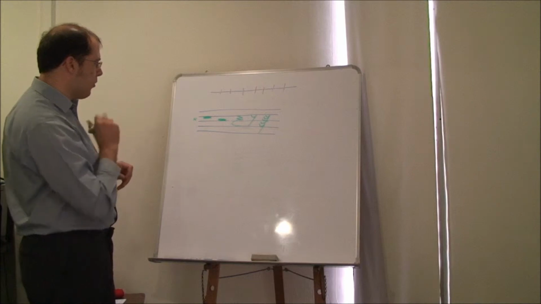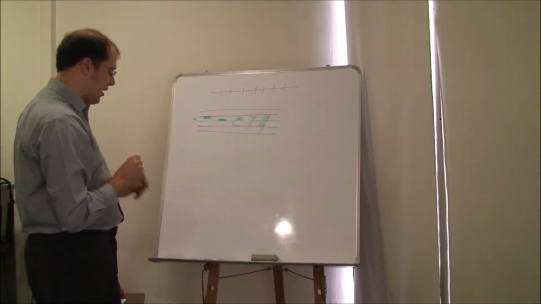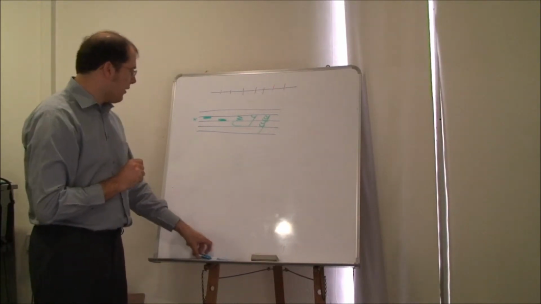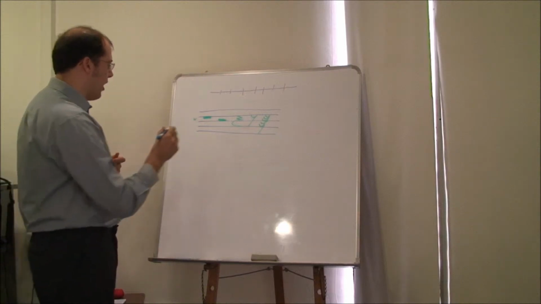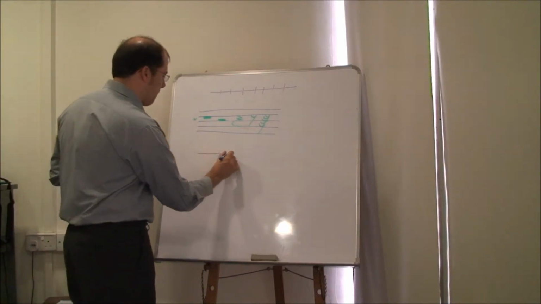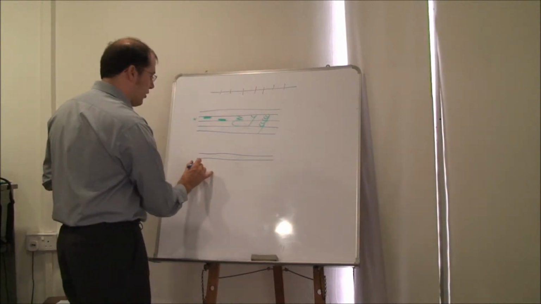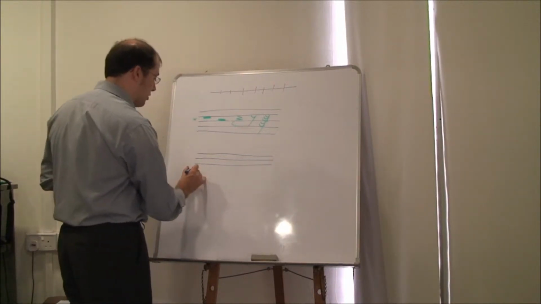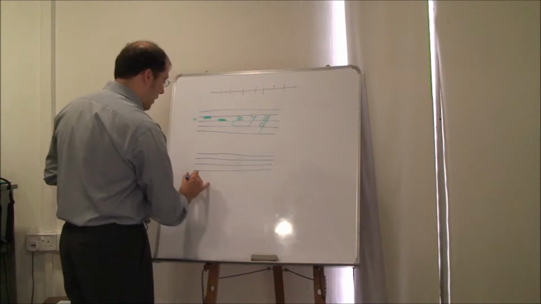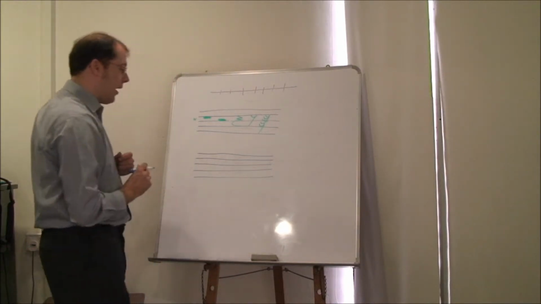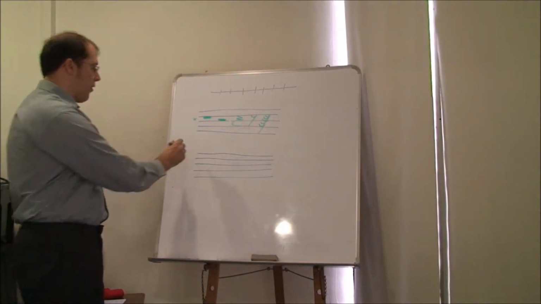Now, there's one more thing to notice with the rests, and that has to do with bars. Bar lines in music are a relatively new invention, and we're not going to worry about the meaning of them right now.